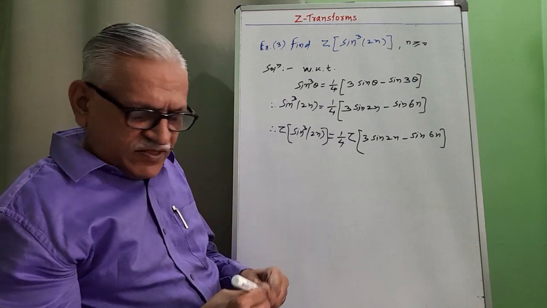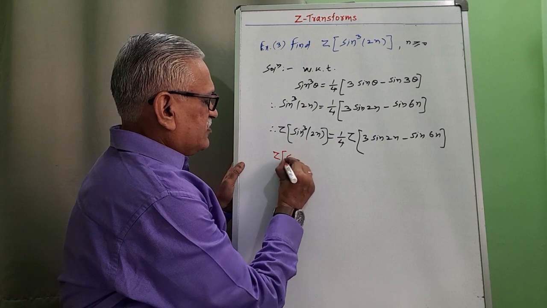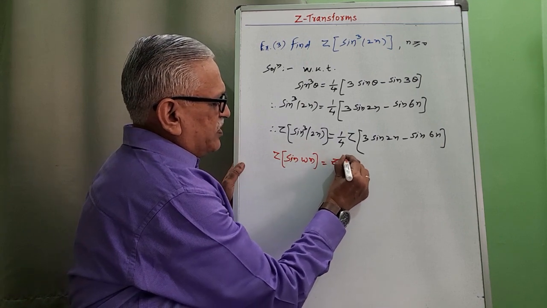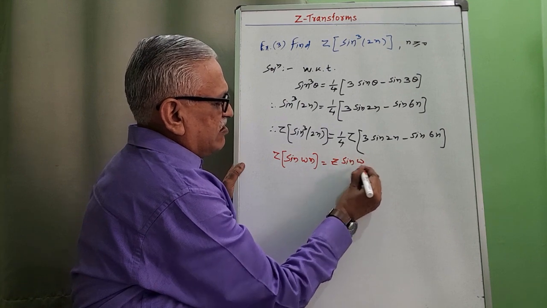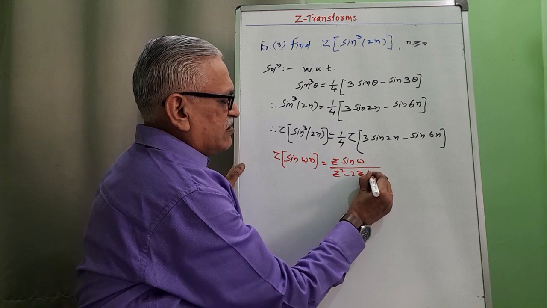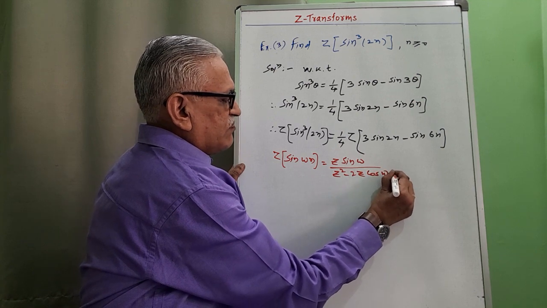Here we take the help of that standard result. Z transform of sin ωn is Z sin ω divided by Z² minus 2Z cos ω plus 1.